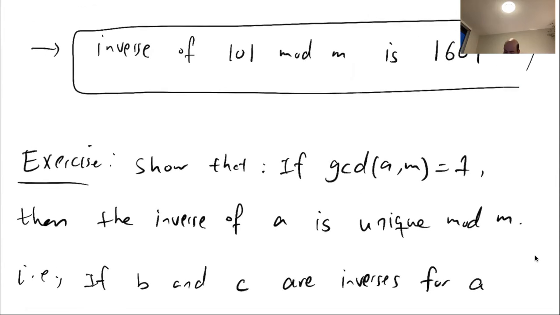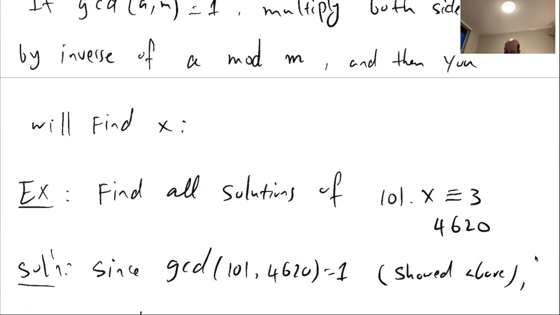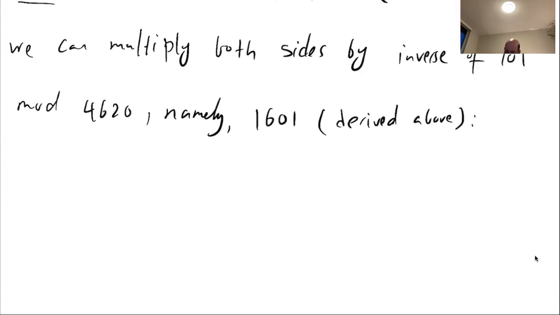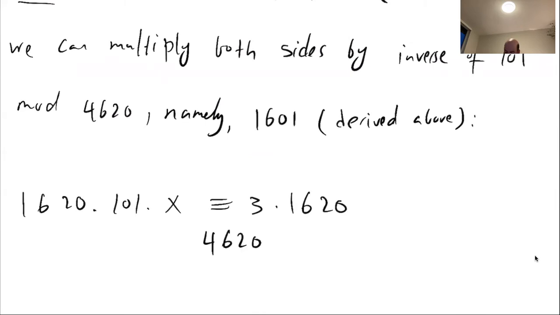Inverse was 1601, derived above. So then you get 1601 times 101 times X congruent 3 times 1601, and then mod 4620.